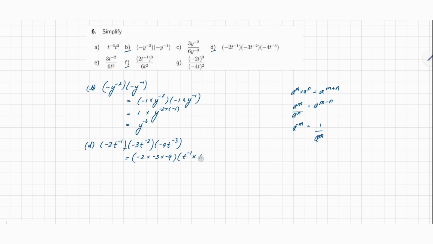So d to the power minus 1 times d to the power minus 2 times d to the power minus 3. This gives us minus 24, because it's an uneven number of minus signs, times d to the power minus 1 plus minus 2 plus minus 3. So we have minus 24 times d to the power minus 6.